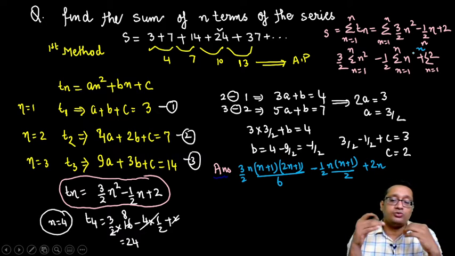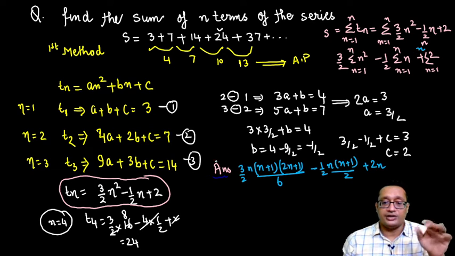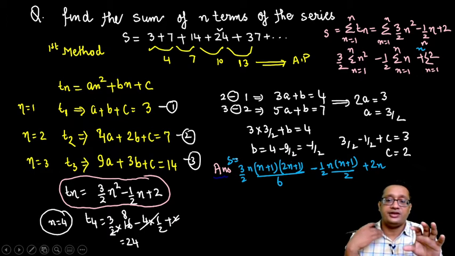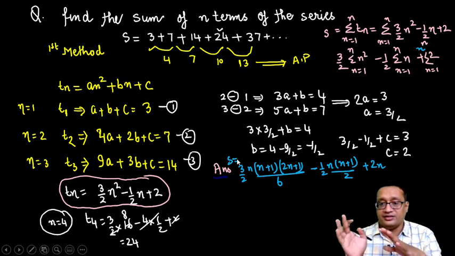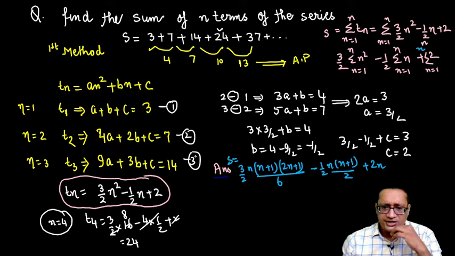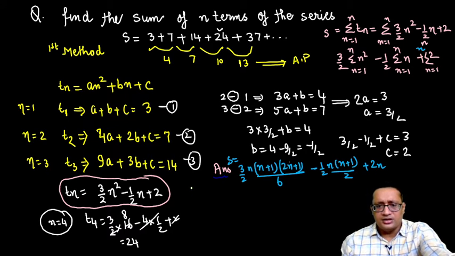If you still want to check whether my answer is wrong or correct, just put n equal to 2. You will get the value of the sum of the first two terms, that is 10, and your answer is correct. Let's check it. Placing n is equal to 2, I am getting 3 by 2 into 2 into 3 into 5 by 6, minus half into 2 into 3 by 2, plus 4.